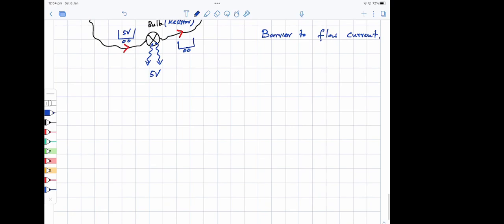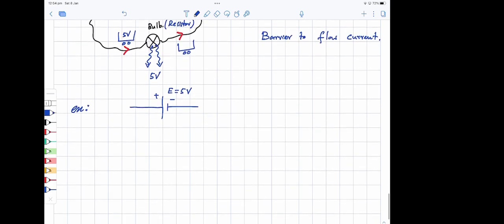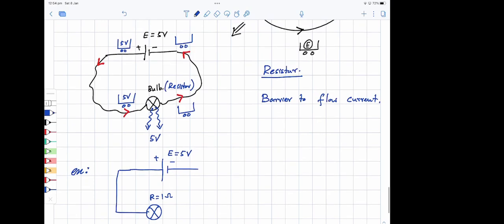For example, suppose you have a bulb here. I would say the resistor is 1 ohm, right? Resistor, the barrier for current flow, is measured in ohms.